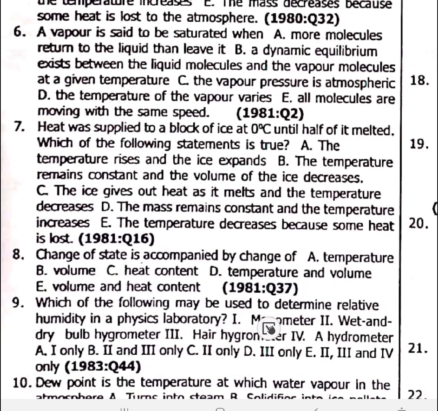Nine, which of the following may be used to determine relative humidity in a physics lab? You use a wet and dry bulb hygrometer and hair hygrometer. Option B. Number nine is option B. Why? Write down: hygrometer measures relative humidity.